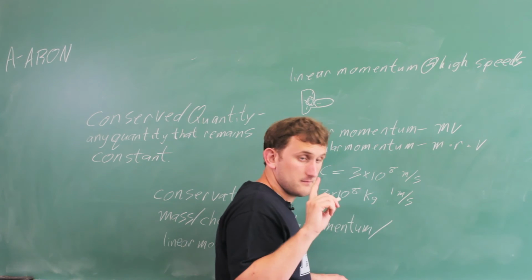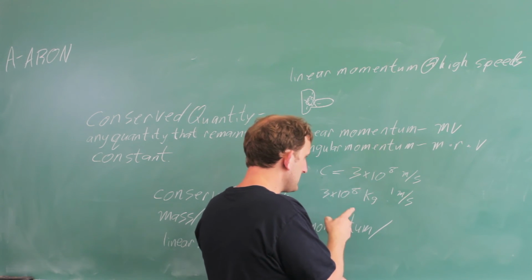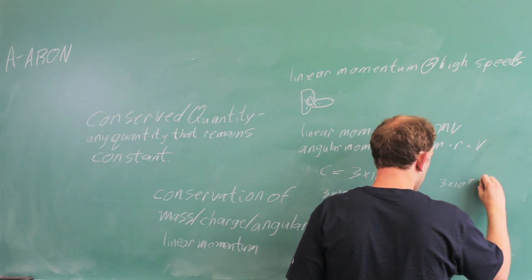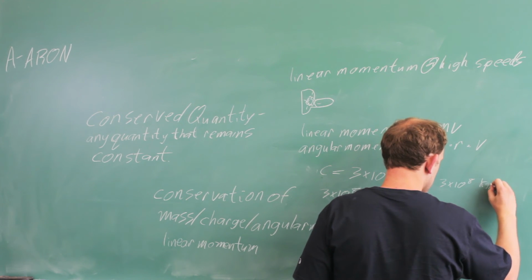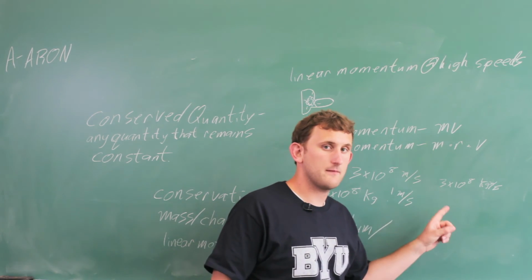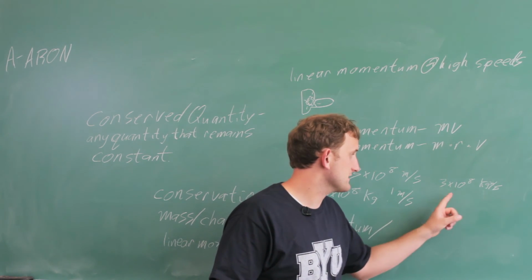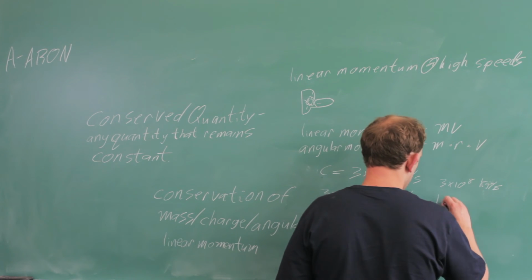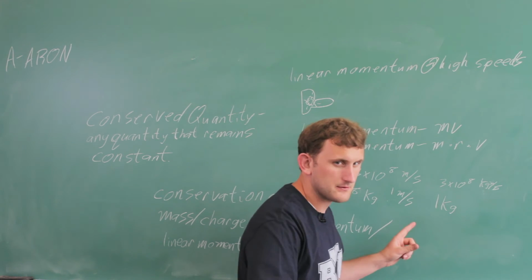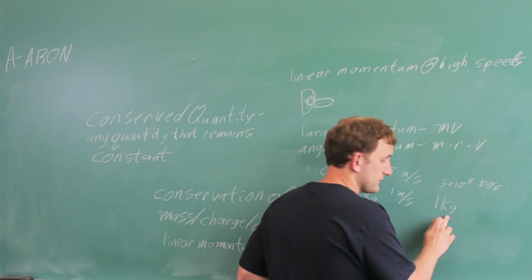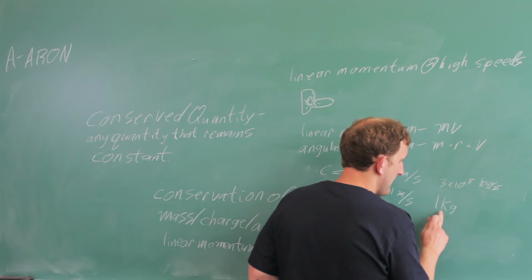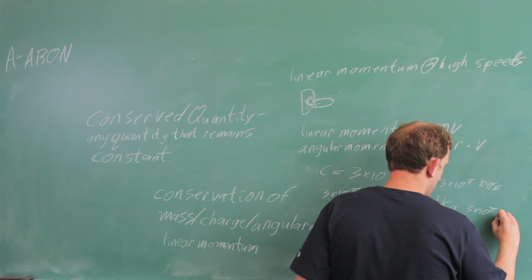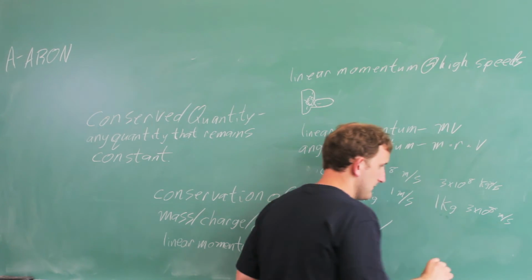That means the linear momentum of this is 3 times 10 to the 8th kilogram meters per second. If we somehow make it so all of the linear momentum is transferred into something that's only 1 kilogram, what's going to happen? Technically, the speed of this would have to be 3 times 10 to the 8th meters per second.